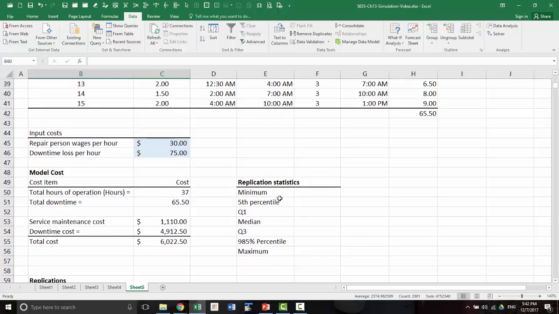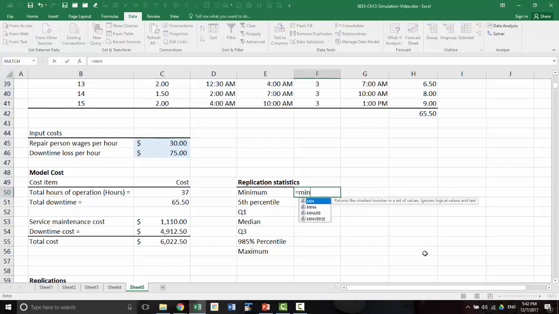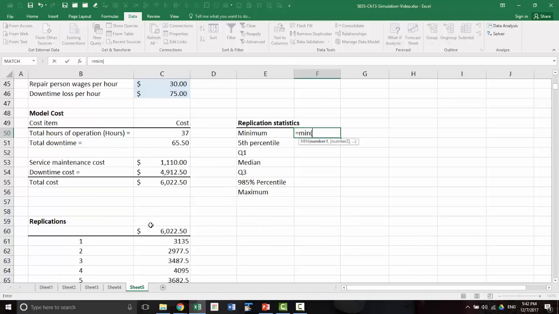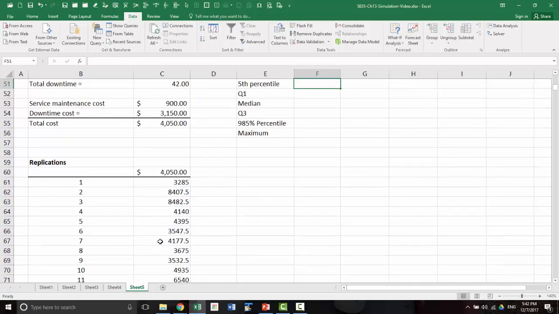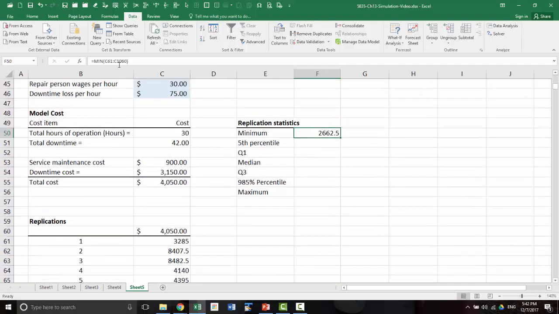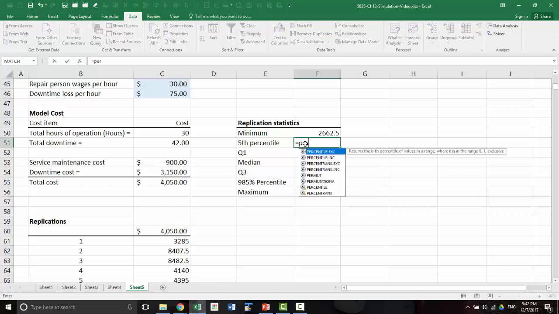Okay, so now we can set up our replication statistics. So it will be min of all of that, right? So now I'm going to copy, so go to edit mode and copy just the range. So it's easier to set up the rest of them that way.